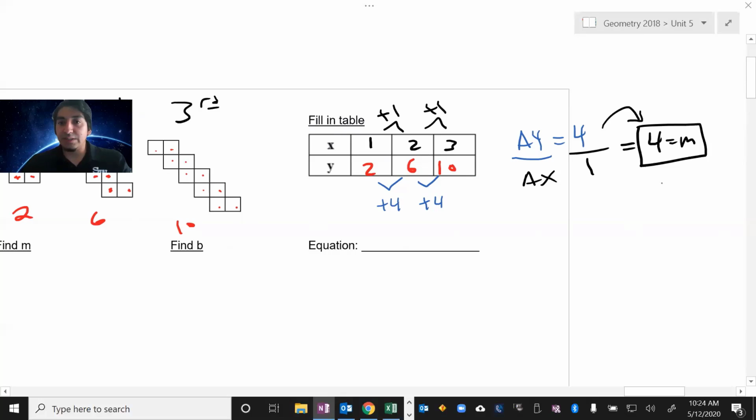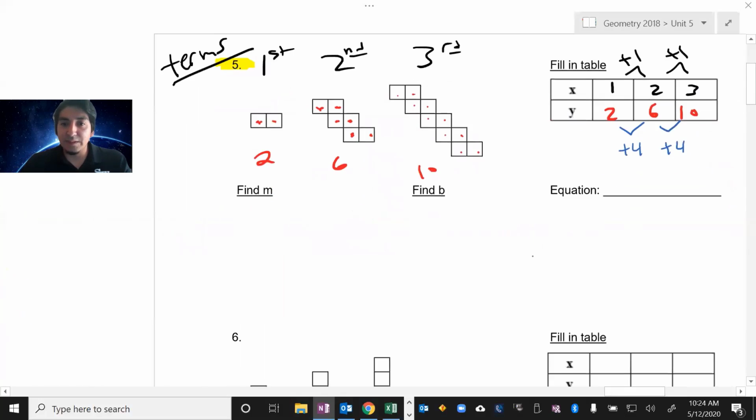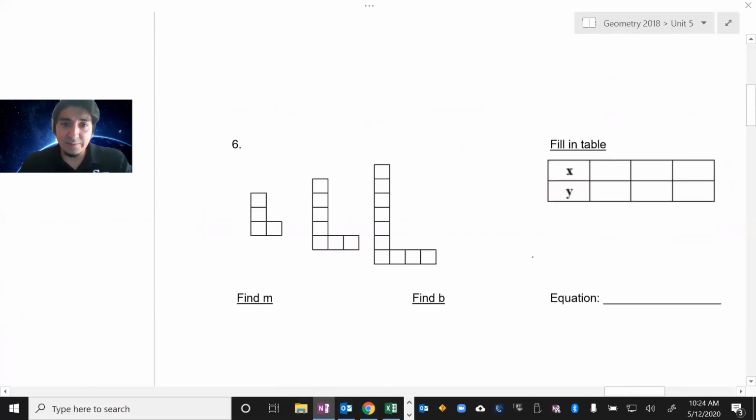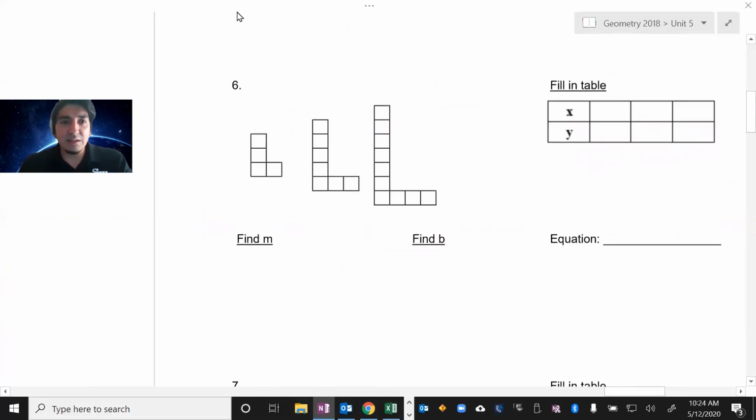Okay? So I'm just giving you startup ideas on how to do these. Sometimes the images are going to look different. Just treat it the same way. And sometimes you can identify which ones are already in there. So if I know that those are always going to be my values that are inside, then you may use that as a constant number that's always being added to it.